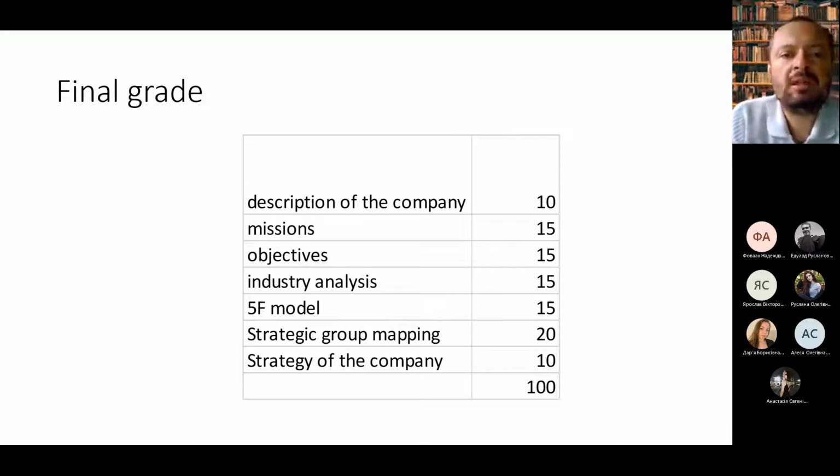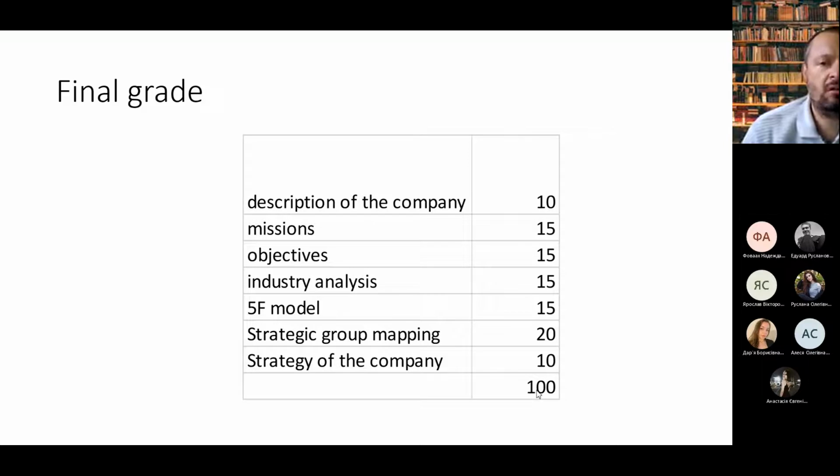Then you will have to create objectives for the company. Then you have to create an industry analysis according to some form. Then you have to conduct the analysis of 5 forces by Michael Porter. Then you will have to create a strategic group mapping for your company, and then choose the type of your strategy.